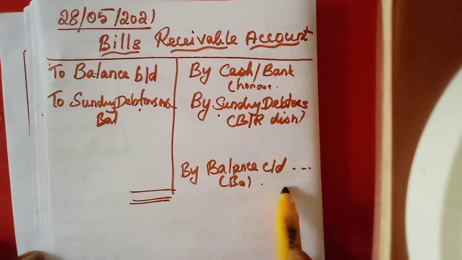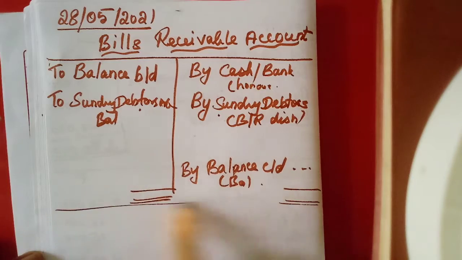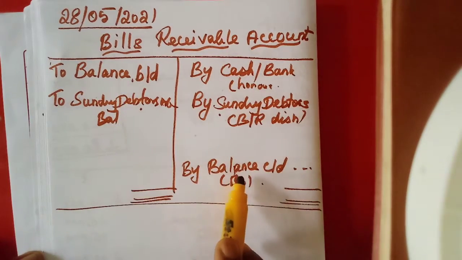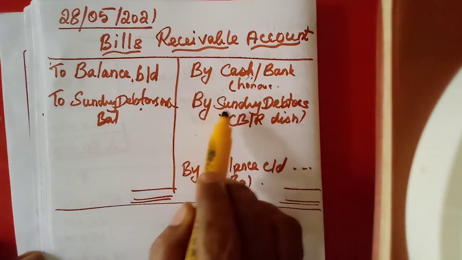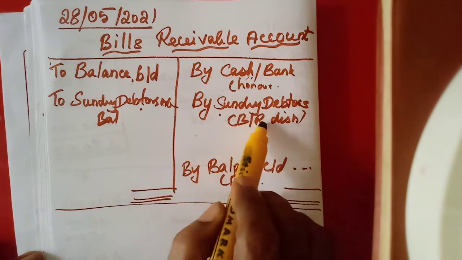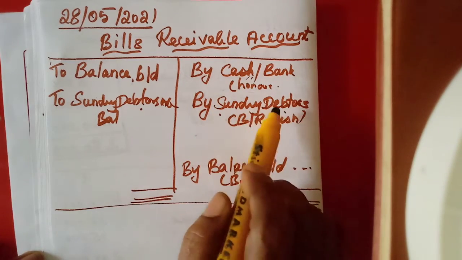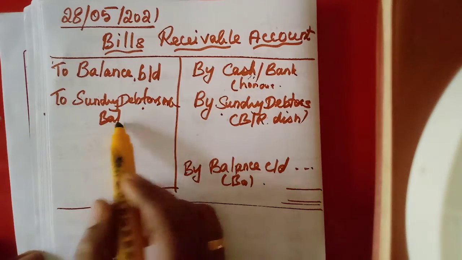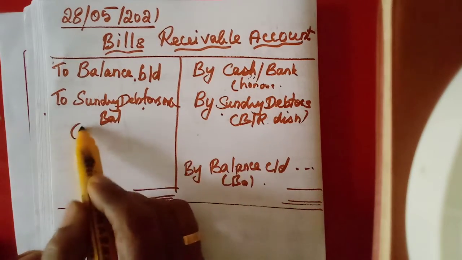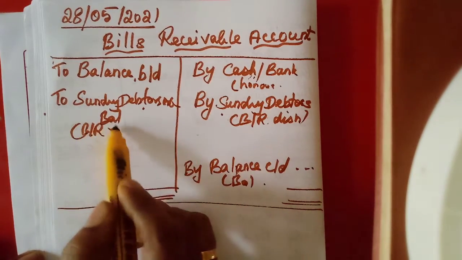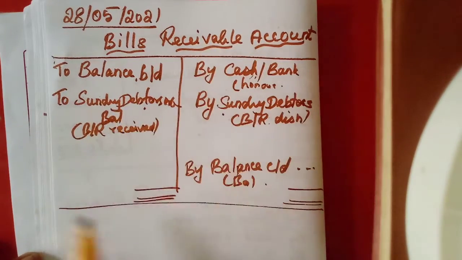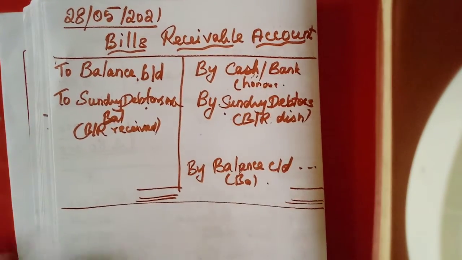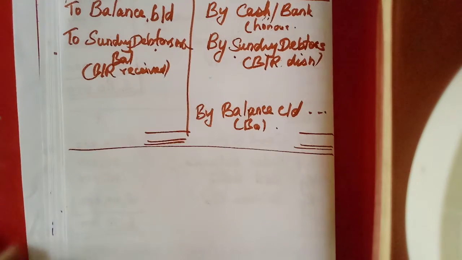So remember: opening balance, closing balance; if you receive cash on bills receivable, by cash; if the bills receivable is dishonored, by sundry debtors; and if bills receivable is received, bills receivable account debtor to sundry debtors. Totally 5 items.